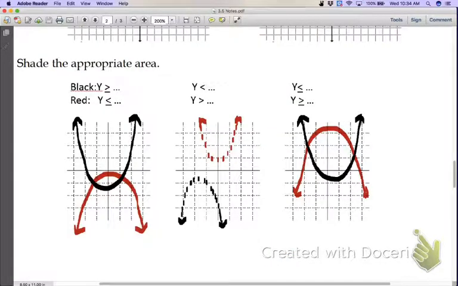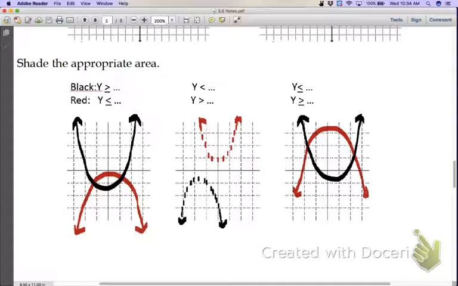Whenever we have systems of inequalities, whether it be quadratic, or one's linear and one's a quadratic, whatever, you still treat everything the same way. You're still going to shade wherever everything fits. So we have the black line and we have the red one.